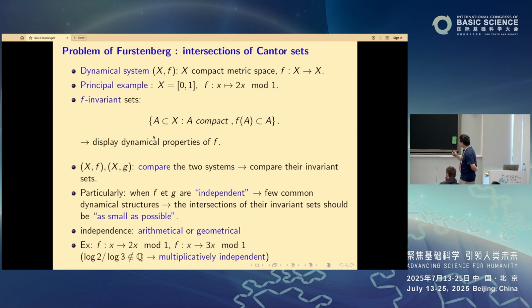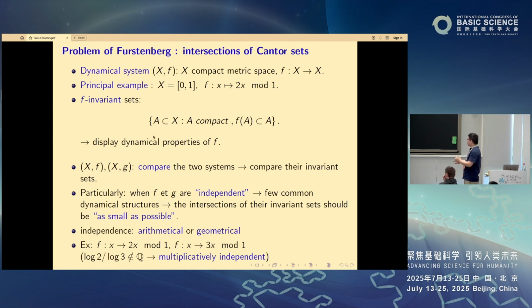Suppose that you have a space X and you have a dynamical system F. Of course, our principal example in this lecture will be just the times 2 map or times 3 map. Then we can consider the invariant sets of this system, and if we can understand the invariant sets, then we understand the dynamical properties of this map.